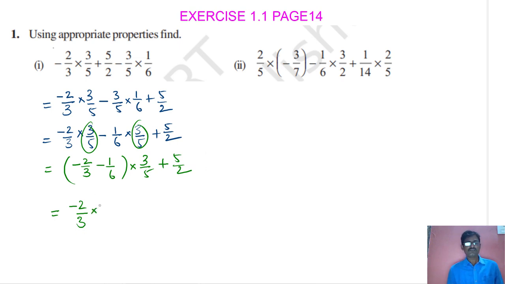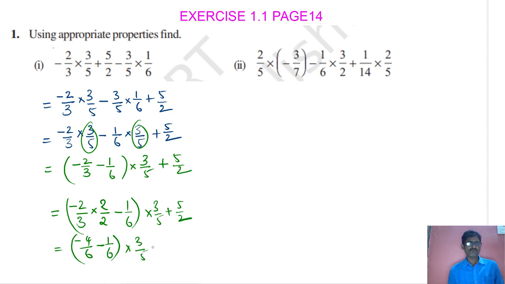For that, let us multiply both numerator and denominator with 2. So we can write 2 by 2. Then minus 1 by 6 times 3 by 5 plus 5 by 2. So this is equal to, this is negative 4 by 6 minus 1 by 6 times 3 by 5 plus 5 by 2.